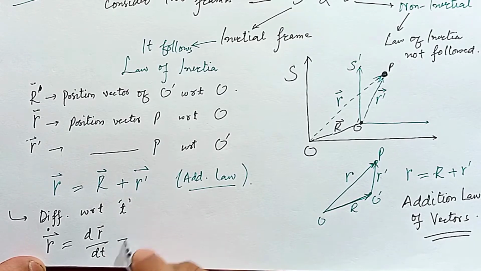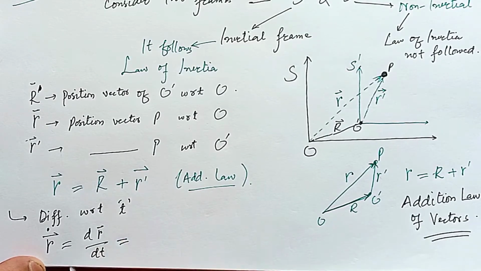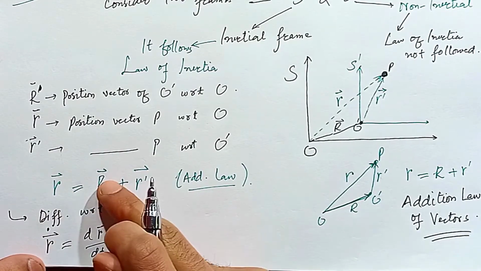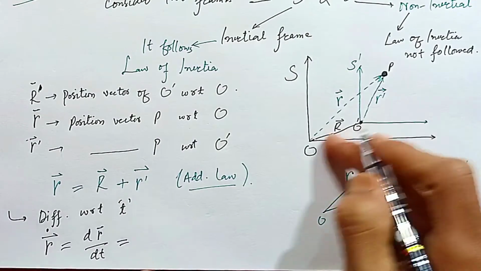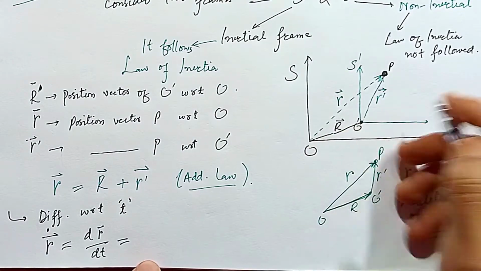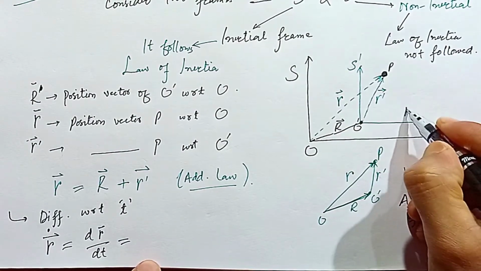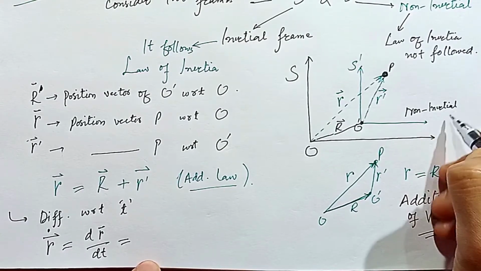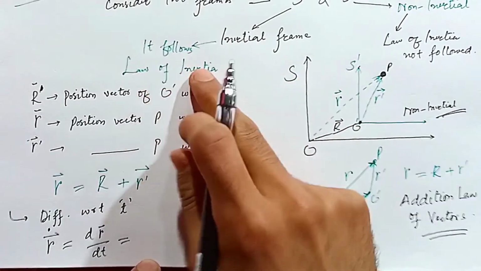So R dot will be equal to this very R dot. We are considering this as the non-inertial frame. Non-inertial means it does not follow the law of inertia.